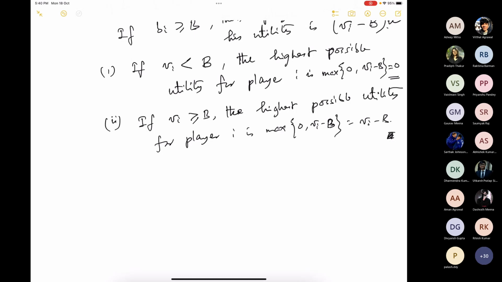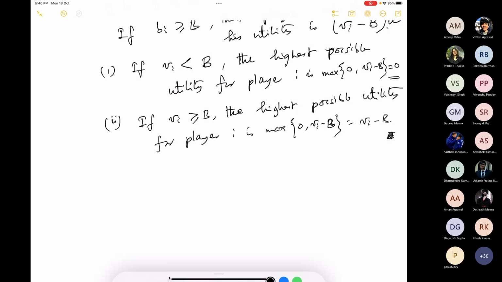So this is one simple scenario where we have observed that there are many things to design in auctions, and now we'll see a broader case, not only the sealed bid auction.